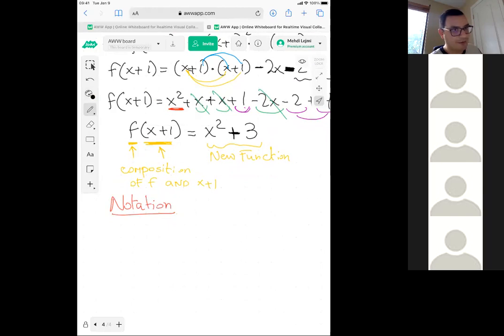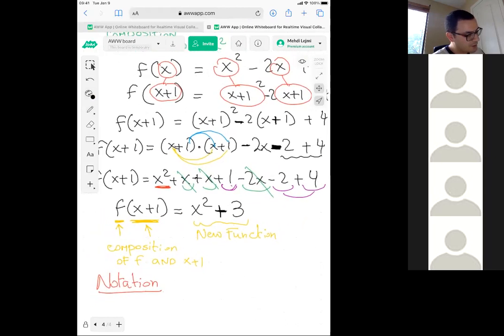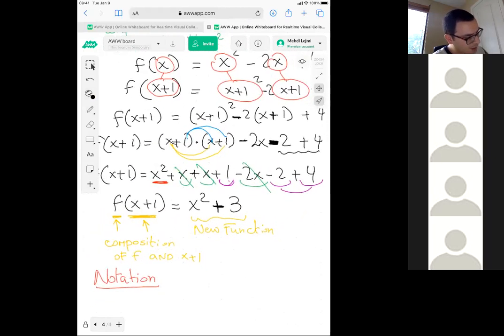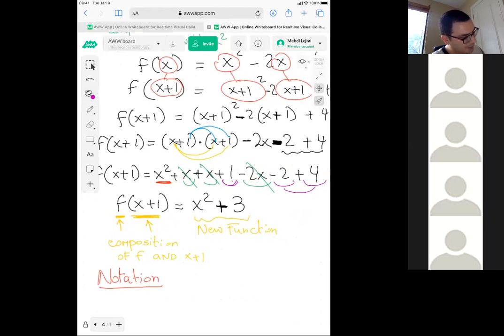So let's say you have two functions. Daniela, you're asking why it is plus 3. It's because there is a plus 1. You see right here, there's this plus 1. Then you have this minus 2, and then the plus 4.